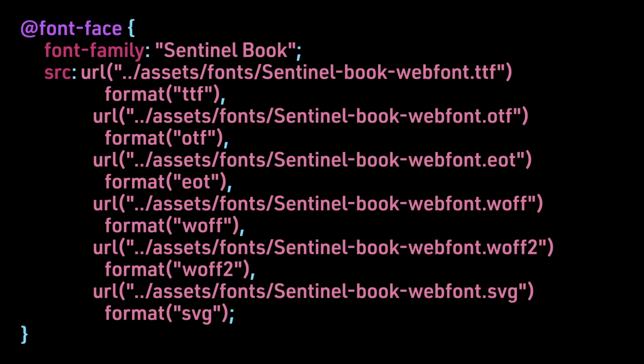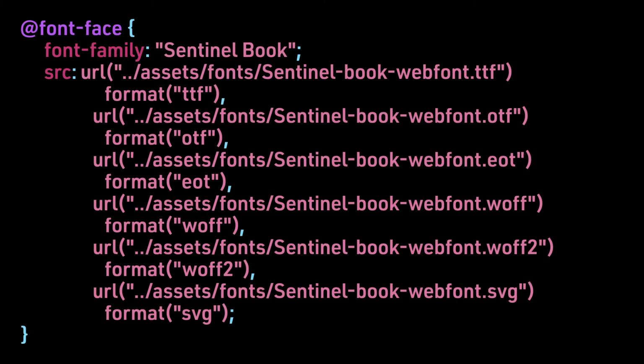In our example, we are loading the font Sentinel, which is a custom font from the former Hoefler & Frere-Jones Type Foundry. We are loading the book weight, and you can see we are providing several font formats: TTF, TrueType, OTF, OpenType, EOT, Embedded OpenType, WOFF, Web Open Font Format, WOFF2, and SVG, Scalable Vector Graphic.